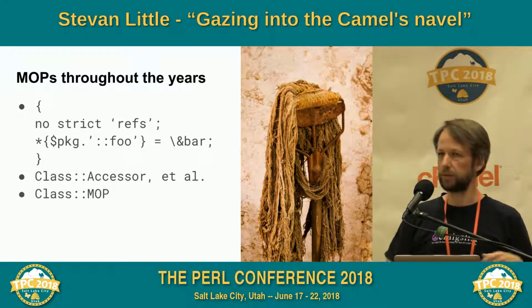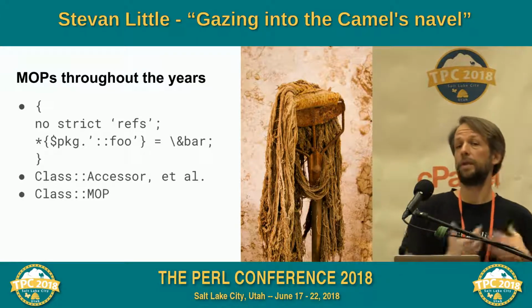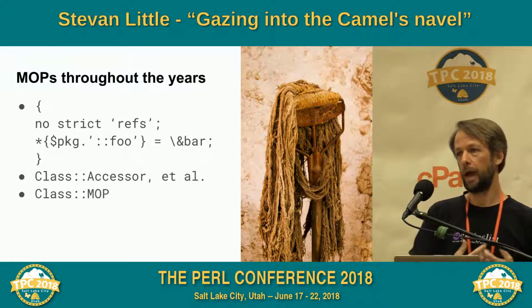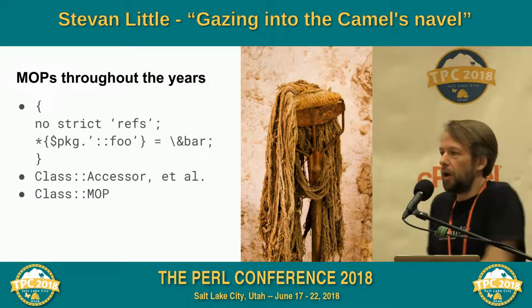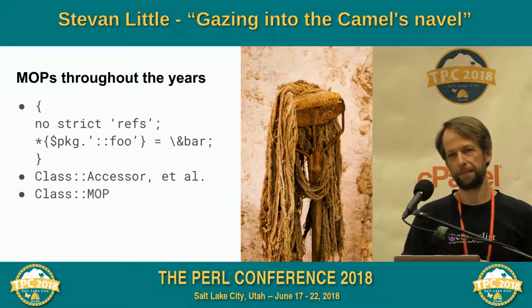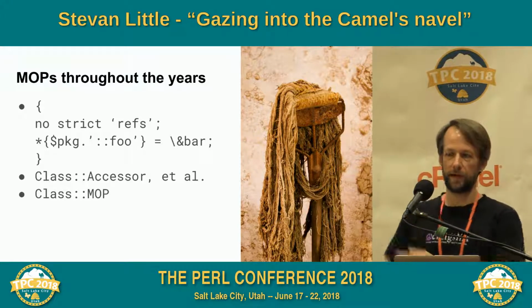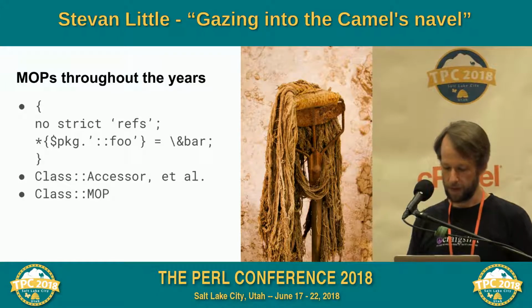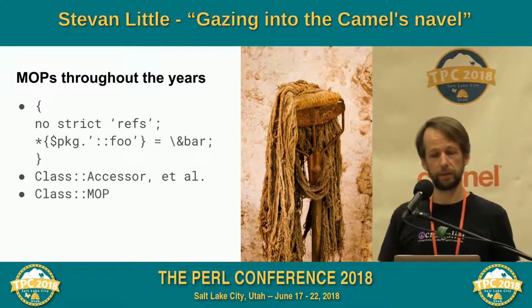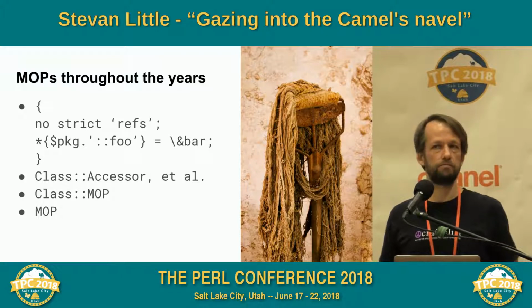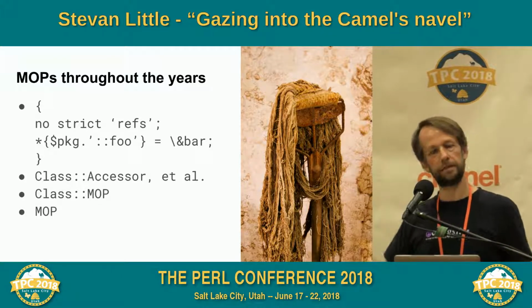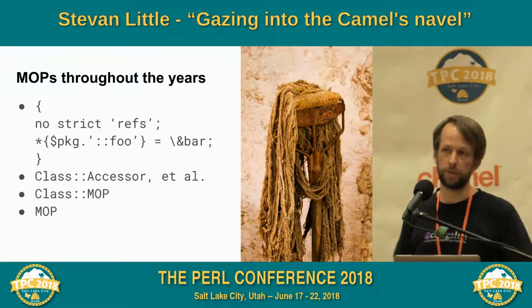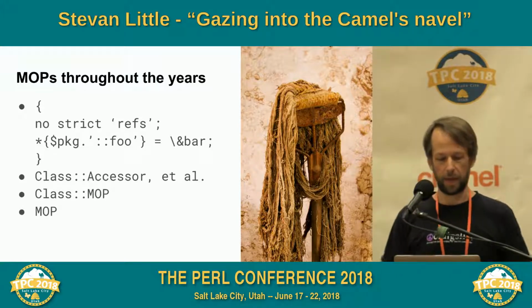So I started in 2011 to try and rethink this and also to think about how to get it into the core. How to build something that would be appropriate to hoist upon P5P, and for them to maybe maintain if I happen to go away or get hit by a bus or something. That took many, many iterations, and as far as I'm concerned, I've hit the right place on this, and that is the mop module. So we just dropped the whole class part and just kept that.